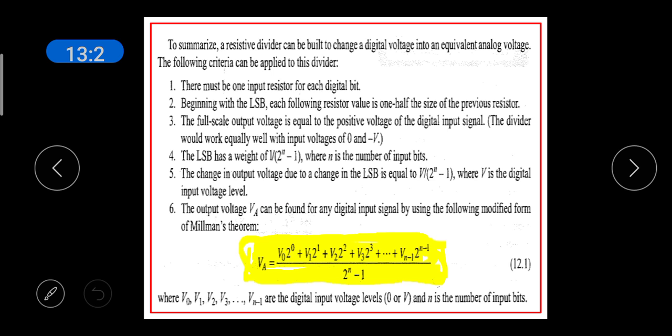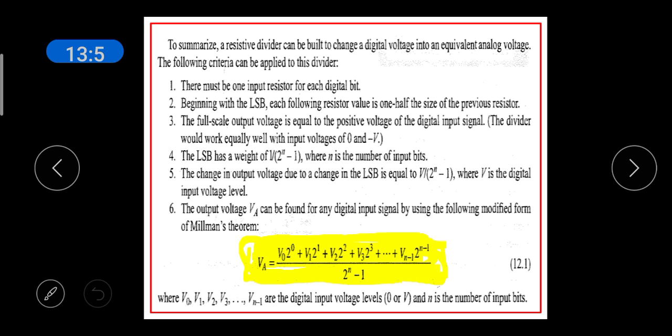To summarize, a resistive divider can be built to change a digital voltage into an analog voltage, and we have to follow the following criteria. There must be one input resistor for each digital bit. Beginning with the lowest significant bit, each following resistor value is 1/2 the size of the previous resistor.